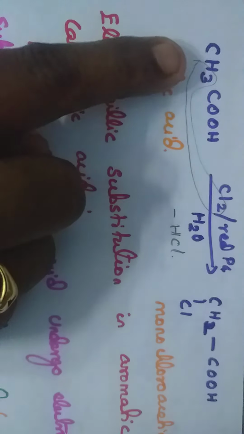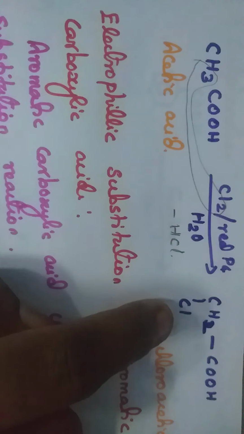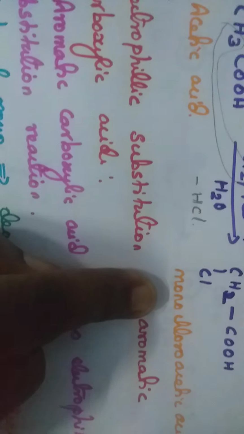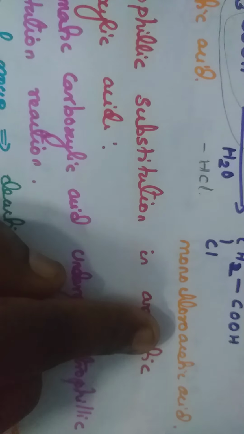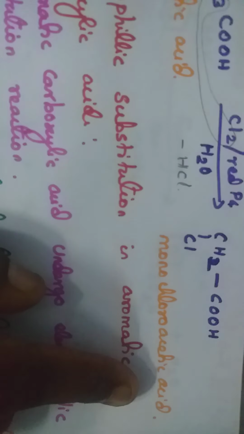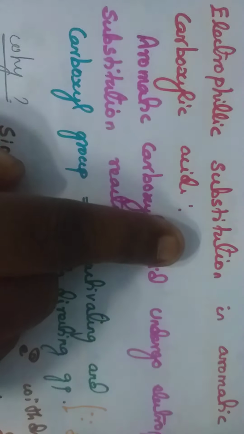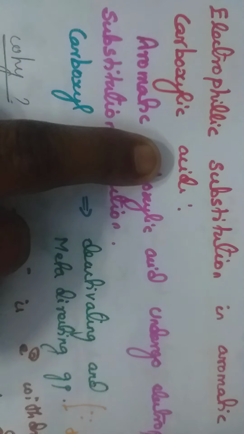One of the alpha hydrogens reacts with Cl to form HCl, which goes out. In that hydrogen position, Cl comes in. So CH2ClCOOH is nothing but monochloroacetic acid. What is the name of this one? Monochloroacetic acid.